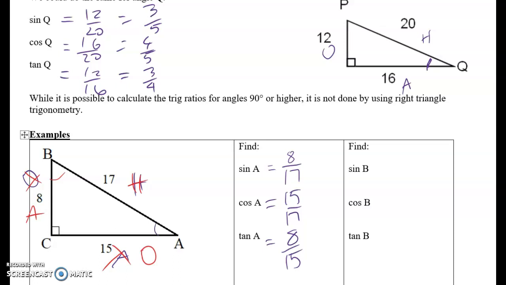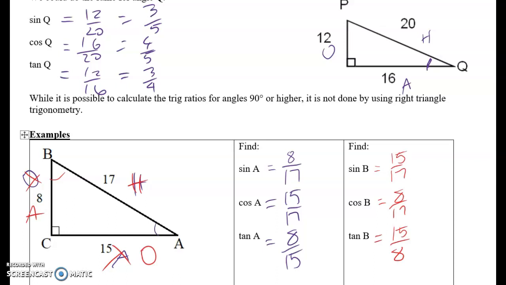My opposite and adjacent switch. So for sine B, my opposite is 15. My hypotenuse is 17. For cosine B, my adjacent is 8. My hypotenuse is 17. And for my tangent, it's a switch. It's 15 over 8. Opposite, 15 over 8, adjacent.